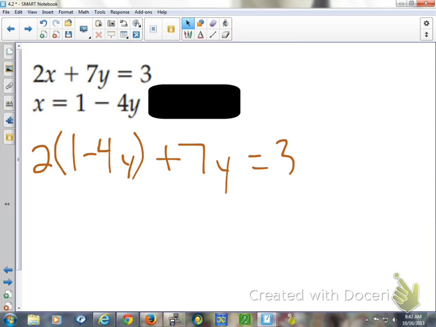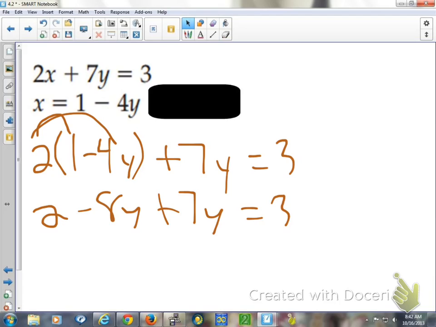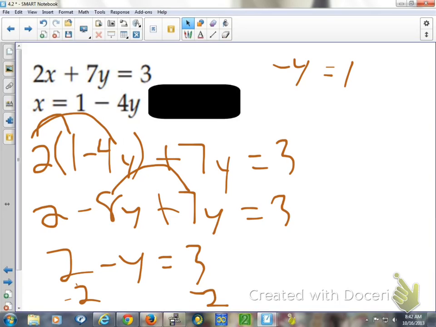All right, so multiplying: 2 times 1, 2 times negative 4y. So it'll be 2 minus 8y, plus 7y is negative 1y. Subtract 2, and you're left with negative y equals 1.